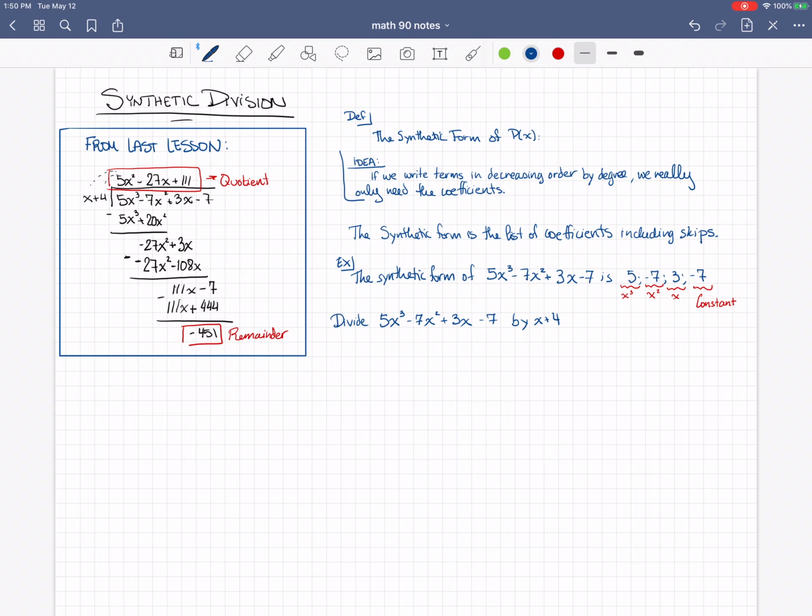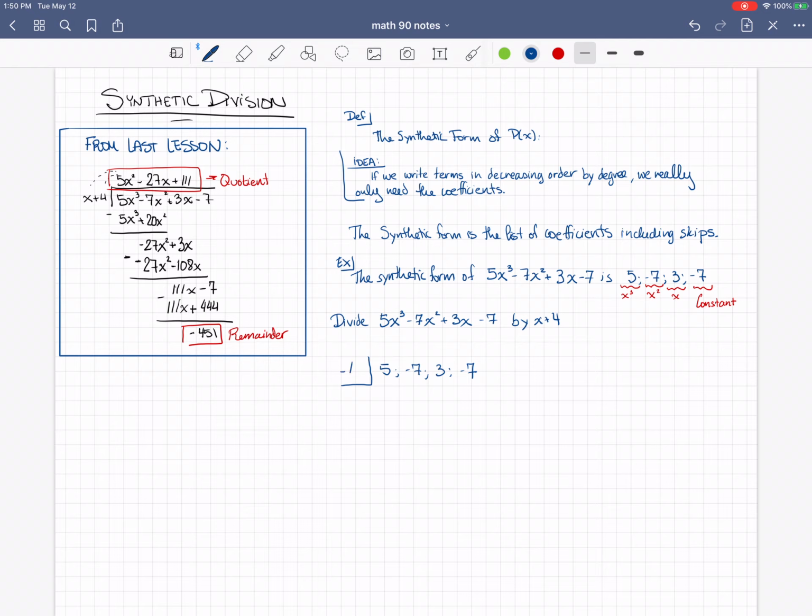There's 2 ways of approaching this, and I prefer the first one myself, but it's not because it's more correct. I just think it's more intuitive. So I'm going to show you the way I prefer first, and then I'll show you the other way as well. So we don't write the whole polynomial. We just write its synthetic form.